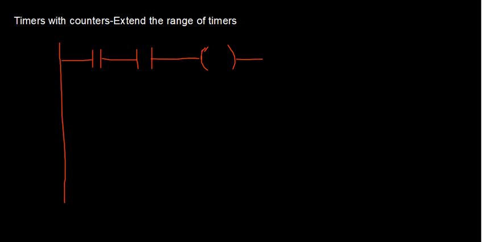You can see I start with the power rails, then one input switch, followed by a normally closed timer switch. I will tell you what this is used for. Now I will have a timer here. Please note that I am drawing a timer here, not the counter.